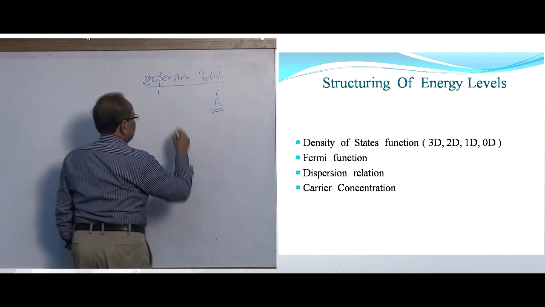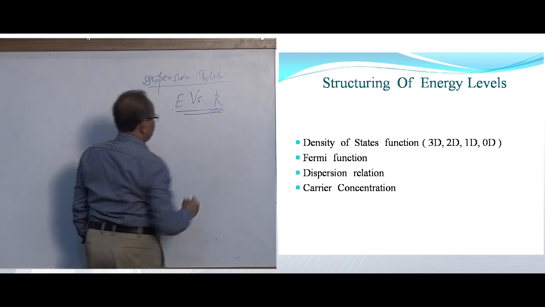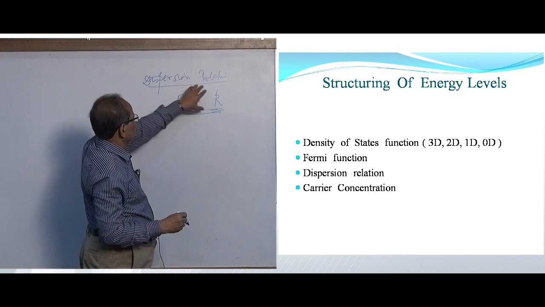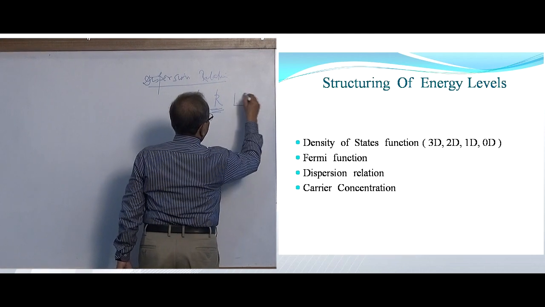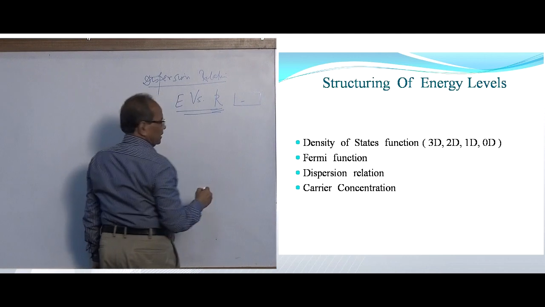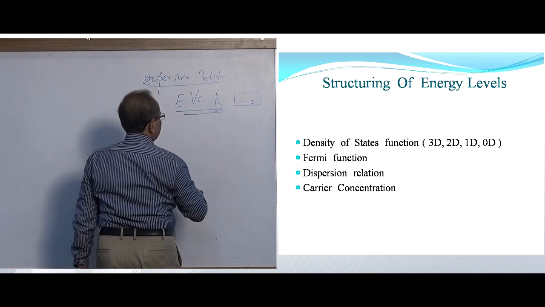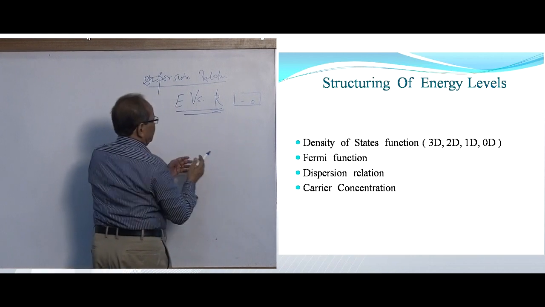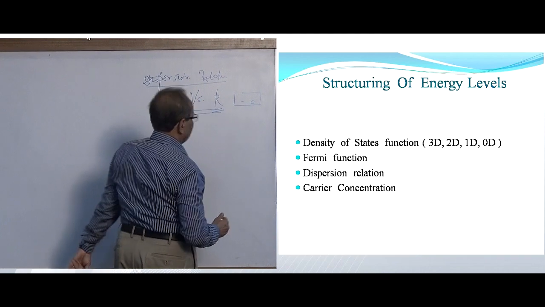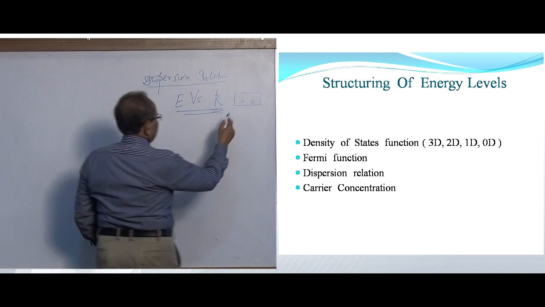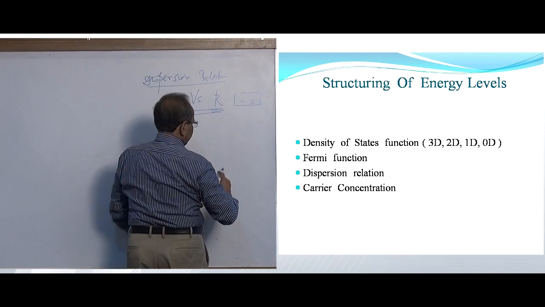So it is E versus k. This relation is known as the dispersion relation of the carrier. Inside the semiconductor or any material, the electrons are carriers of electricity, holes are also carriers of electricity, and they are arranged in energy levels. How they are distributed we have already talked about, and they have some momentum h cross k. How are these E and k related?